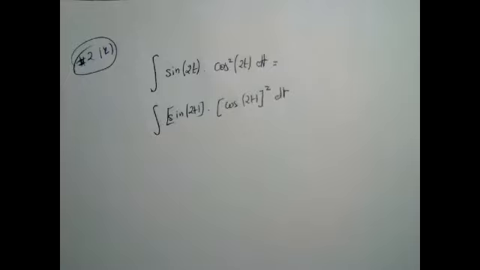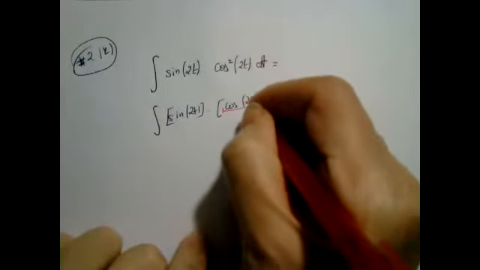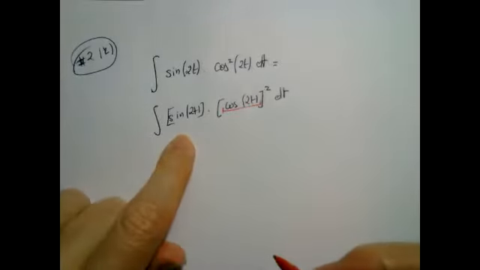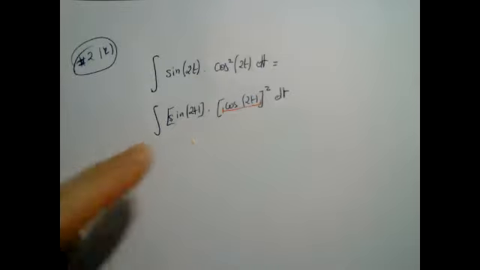Do you see an inside function whose derivative is part of the integral? Anyone? Cosine 2t. Because if we look carefully at cosine 2t, its derivative is the sine, now up to a constant, but we know from yesterday the constant is not really a big issue.